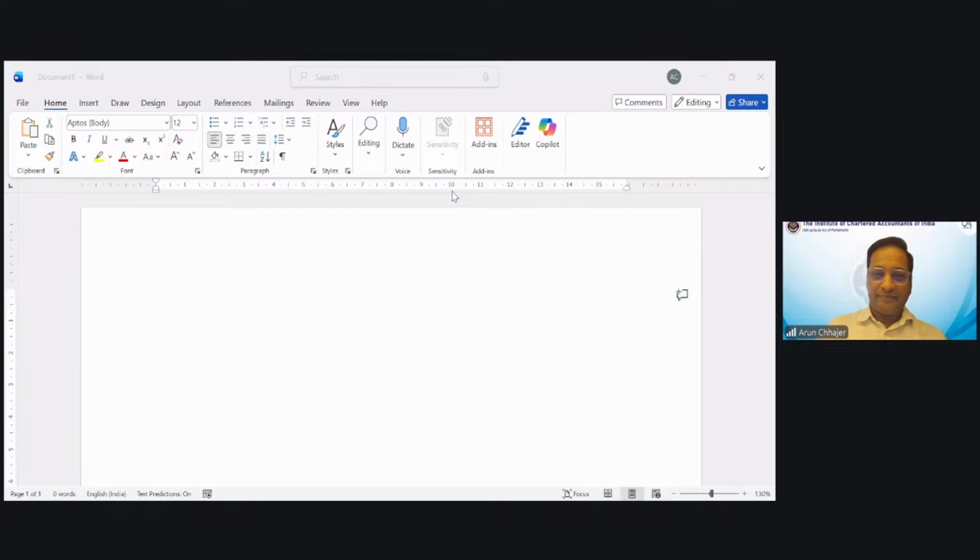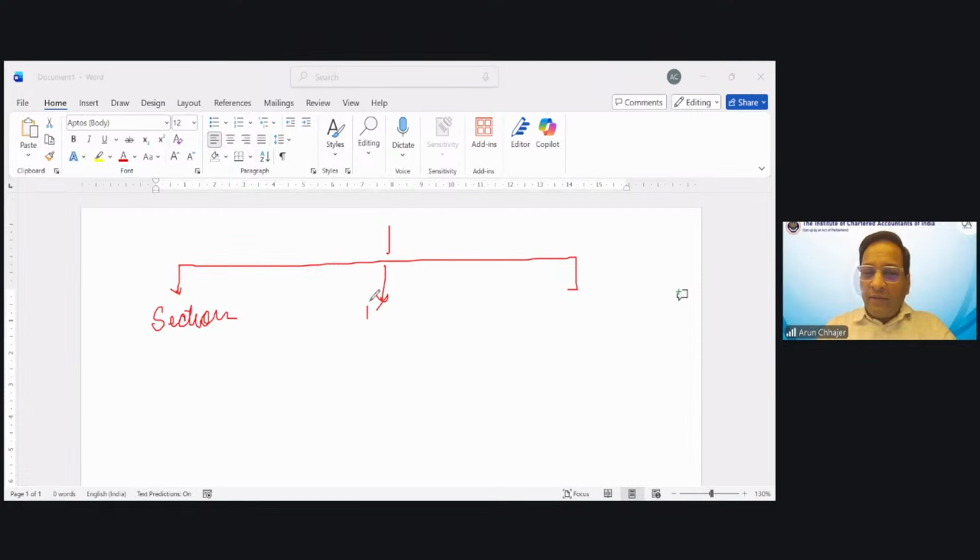Okay. In the GST, I am referring to GST, it would be the same in any other law. One is section, one is rule, and one is notification. There are circulars also, which as of now I'm not talking about. There is ROD also, there is some instruction also. I am talking about only three.